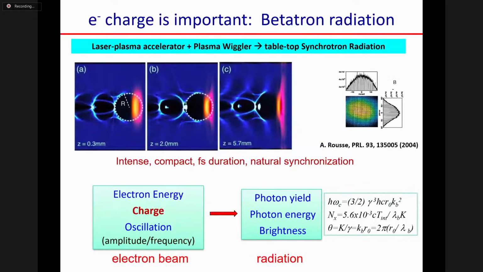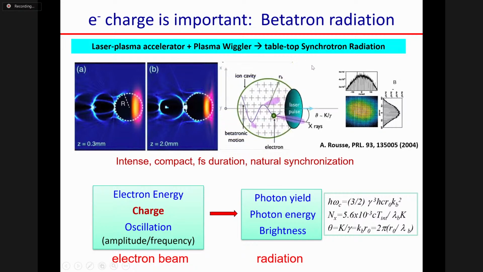So the electron charge, of course, is very important for some applications. For example, for the ultra-fast radiation, such as the Betatron radiation. The Betatron radiation is a kind of combination of the laser plasma accelerator and the plasma wiggler. So we can call it kind of tabletop synchrotron radiations.